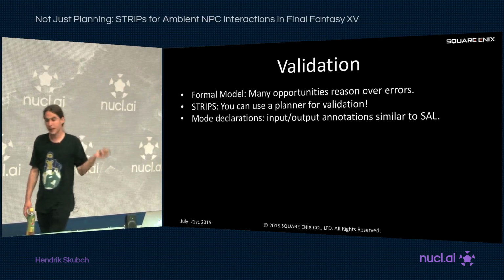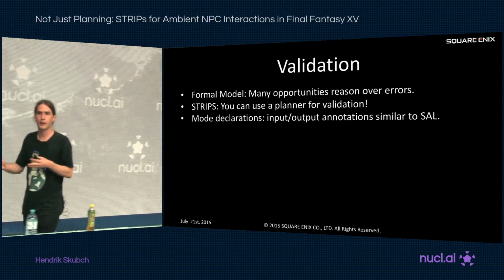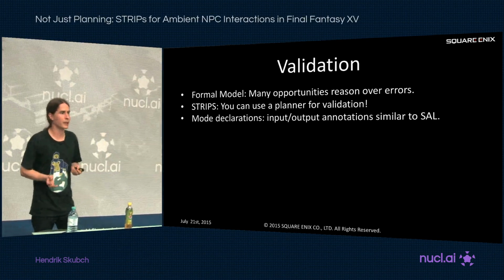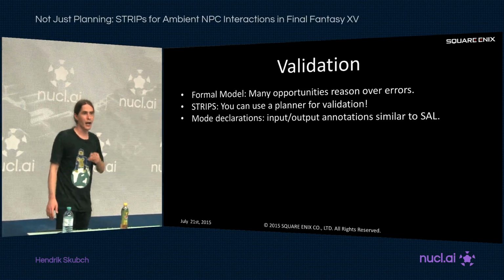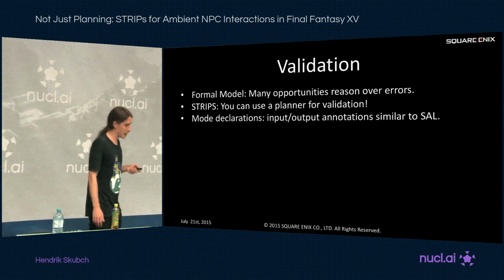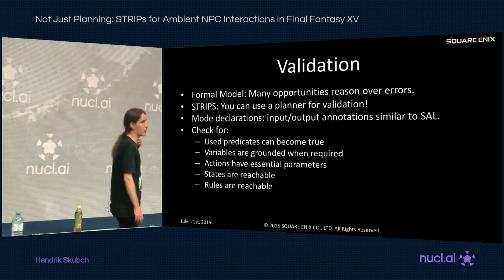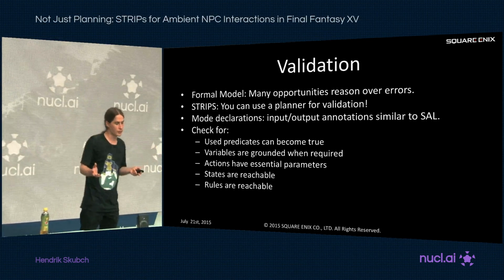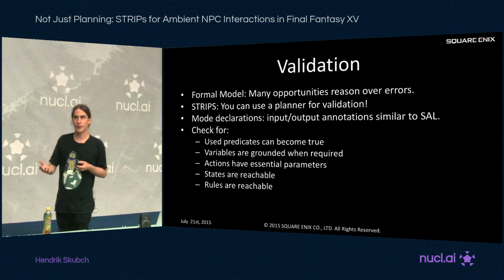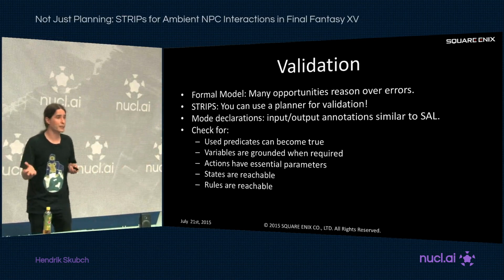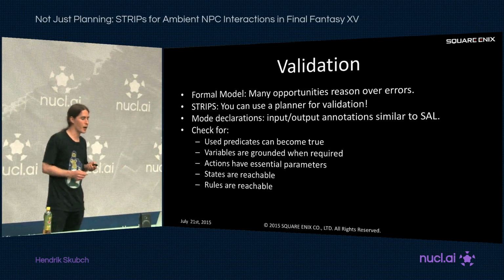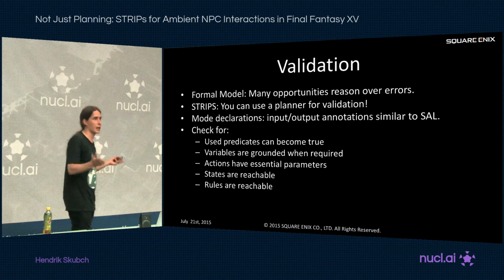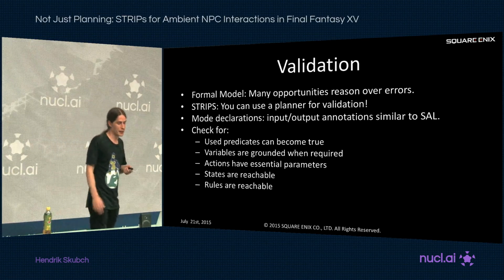Otherwise, what we did is we added some mode declarations, so the compiler knows about the expected flow of information from predicate to predicate, and can then check things like whether or not a predicate can ever become true, whether or not variables are grounded when they're required to be so. You can check whether actions have their essential parameters.